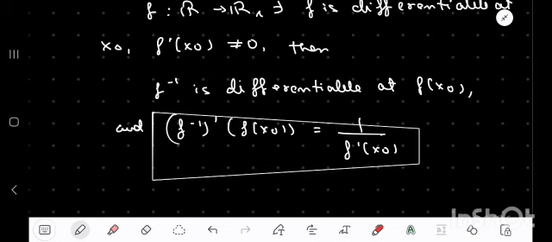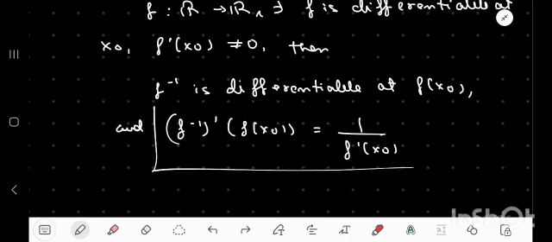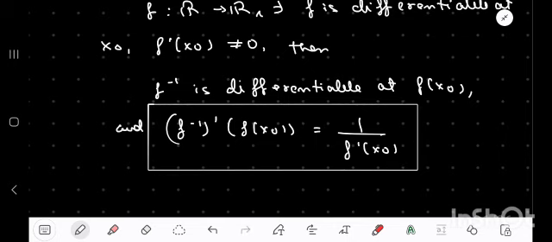Fine. This is something which we know, right?